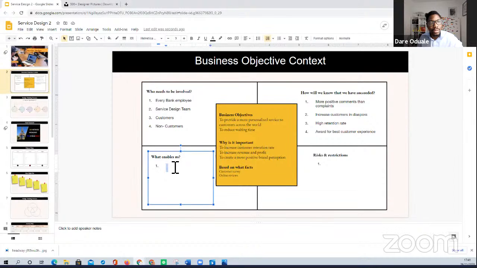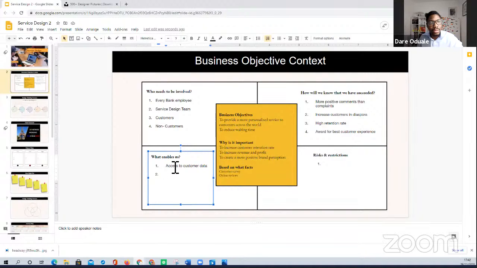Yes, what enables us is access to customer data. Yes, this is something we need. Access to, what's the word now? Customer interaction. I mean, we have that already, to be able to sit down and reach out to them. How can we determine how best to satisfy them when customers become advocates? So we need access to customer data.